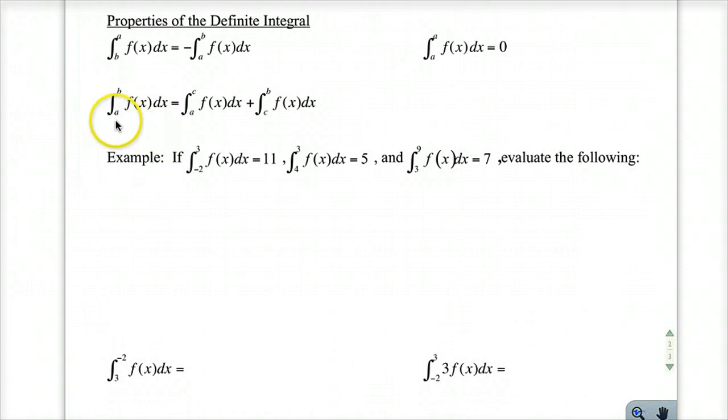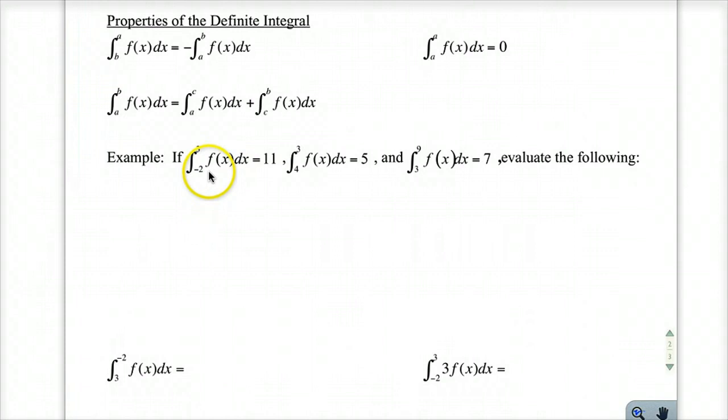And you may have heard of something like the transitive property: if I don't have the integral from a to b, but I do have the values from a to c and c to b, like a go-between, I can add these two values up and it'll give me the same value as a to b. So we'll look at some examples.